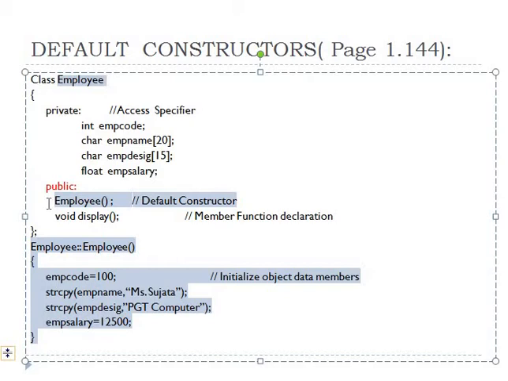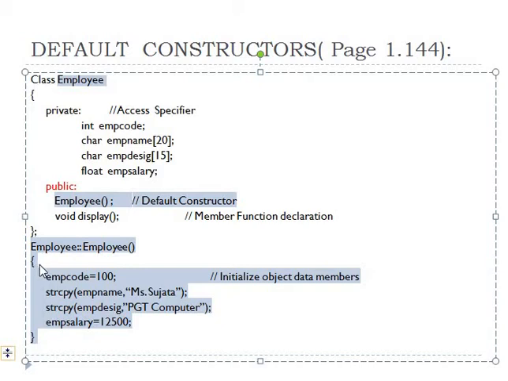So without any return type, I directly point to the class specified by the name employee, and just after I put the name of the class, I specify the scope resolution operator as denoted by this double colon, and then I specify the name of the constructor like this, employee, and then the function parentheses.